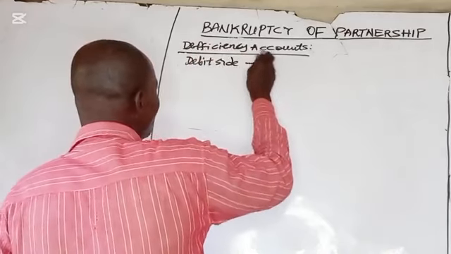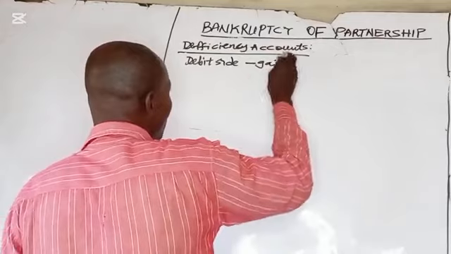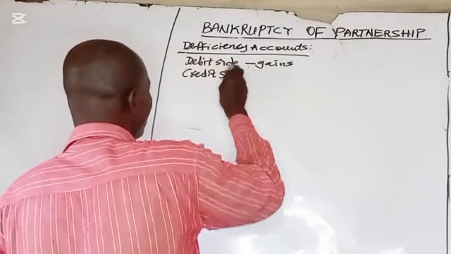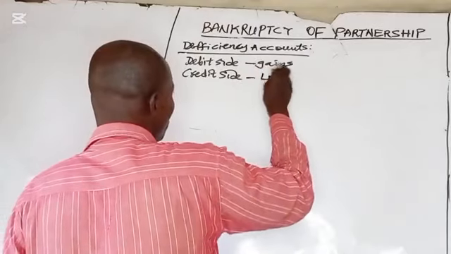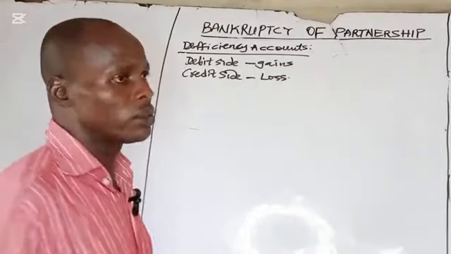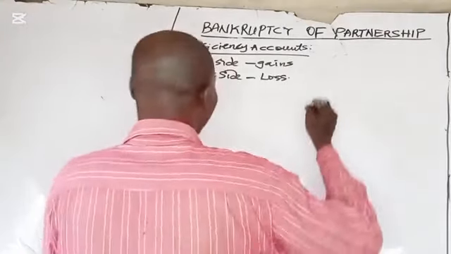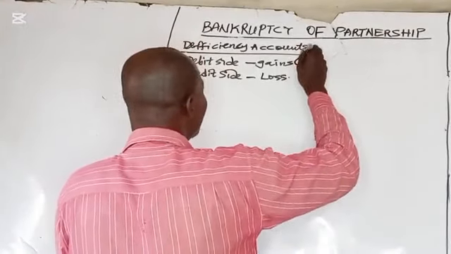You have the gains, and at the credit side, you have the loss. So please take note of this. At the debit side, as I've said, you have items reducing deficiency.